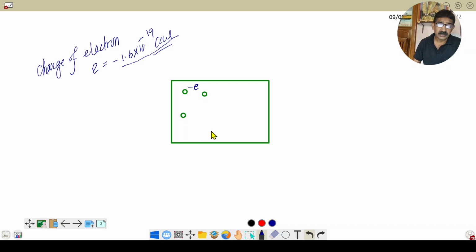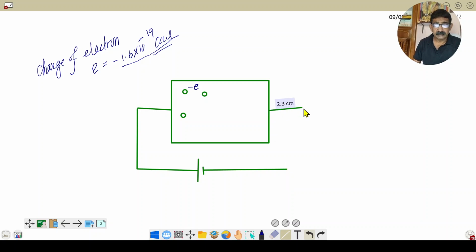Okay. Now, if a potential difference is created with the help of a battery, suppose this is the battery, this is the mode of connection. So what is the function of this battery?